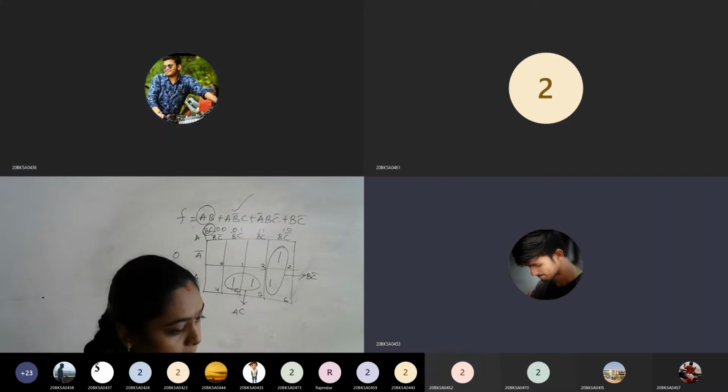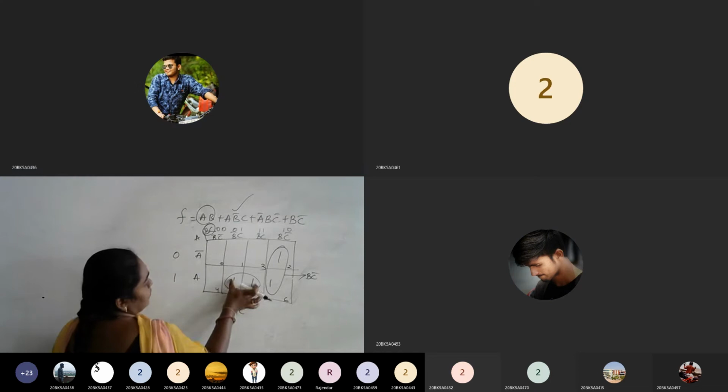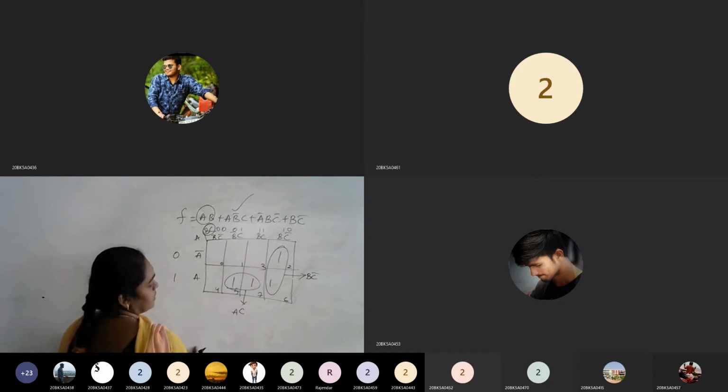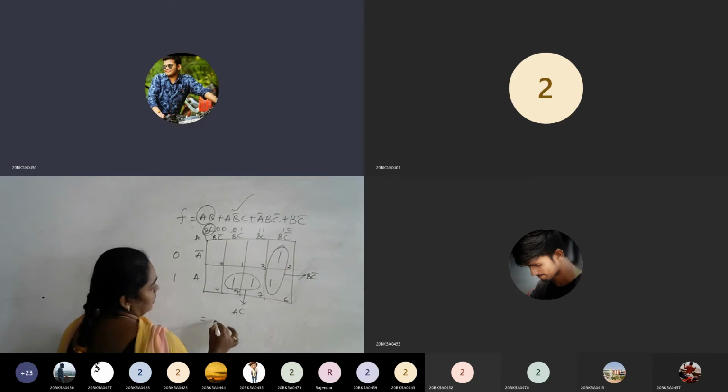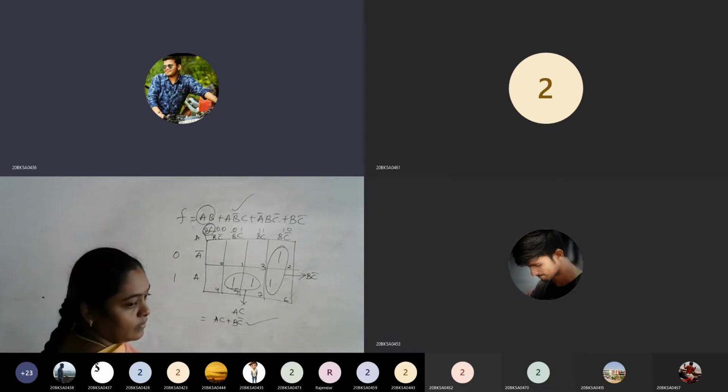Yes, ma'am. A is present in a single row, so it is A. It is present in both the columns; whichever is opposite in the columns, cancel those. B bar and B will be cancelled, left over with C. So the expression is what? AC plus BC bar.